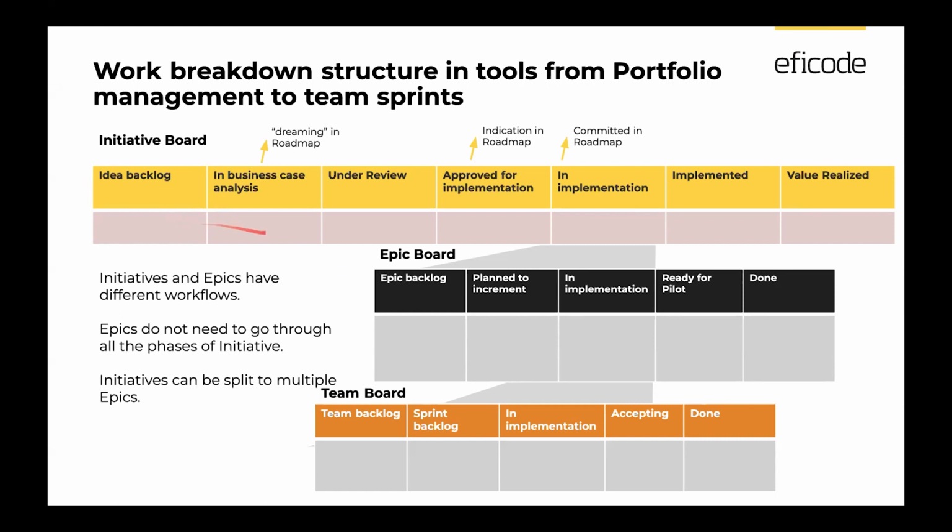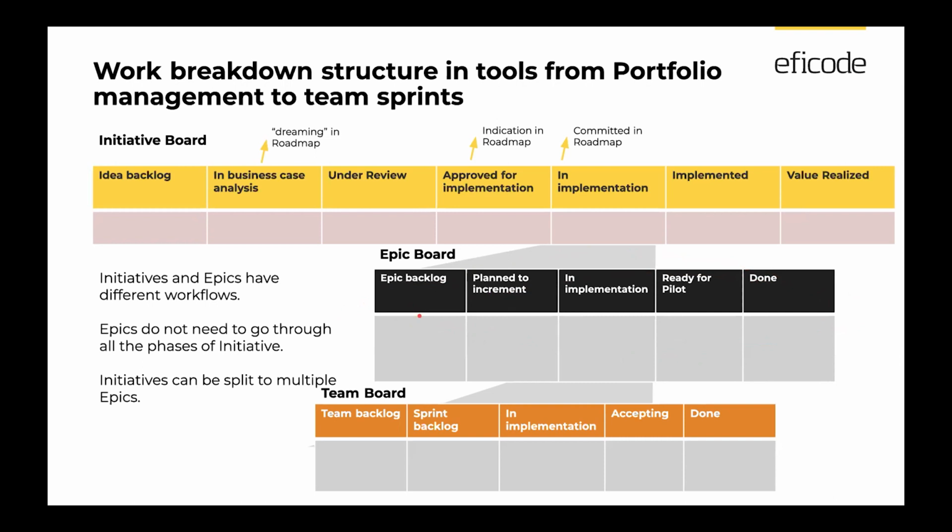And then the next level is basically the Jira epic level or the feature level board. There we would like to see all the related features or epics we have. Once again, the statuses can be different.